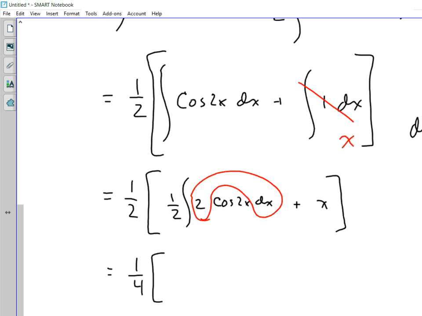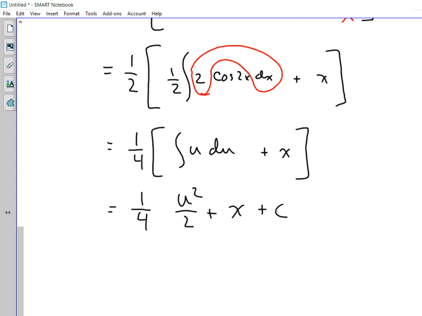And I wind up with the integral of u, du plus x. And we resubstitute. Cosine squared of 2x plus x.